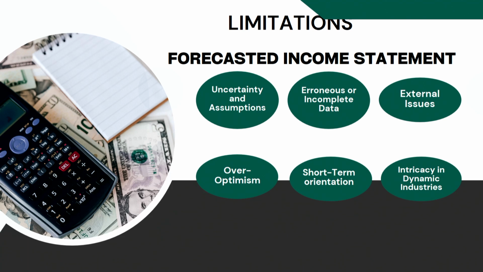They fail to see the negativities; rather they are more into the positive orientations. Then the projected income statement is always short sighted, it can only address the short run orientation. And the last one is the intricacy in dynamic industries, those industries which are highly vulnerable and changeable in nature.